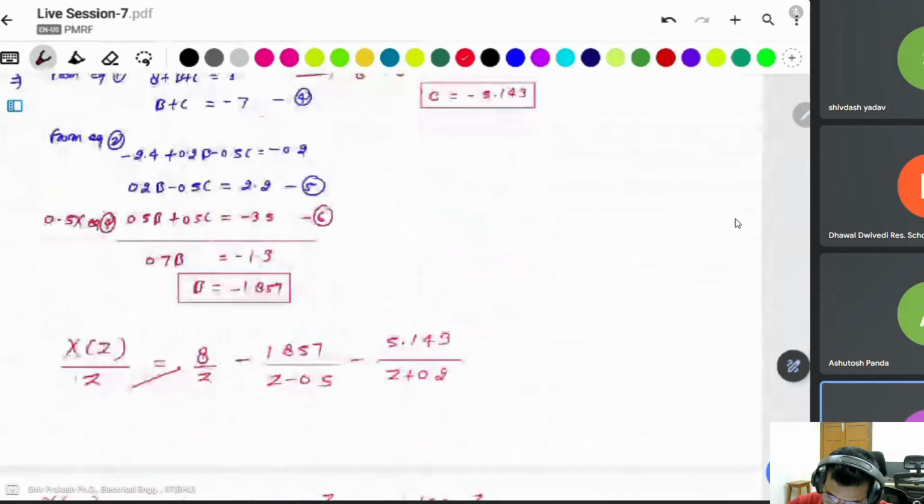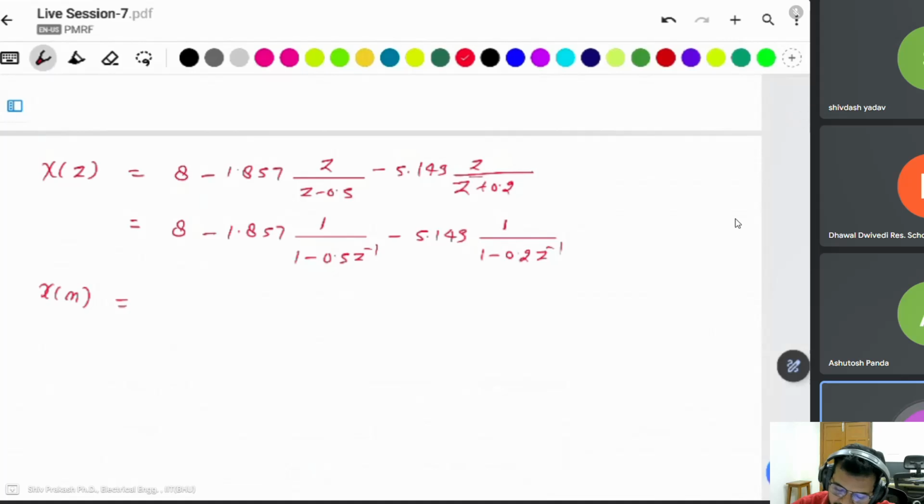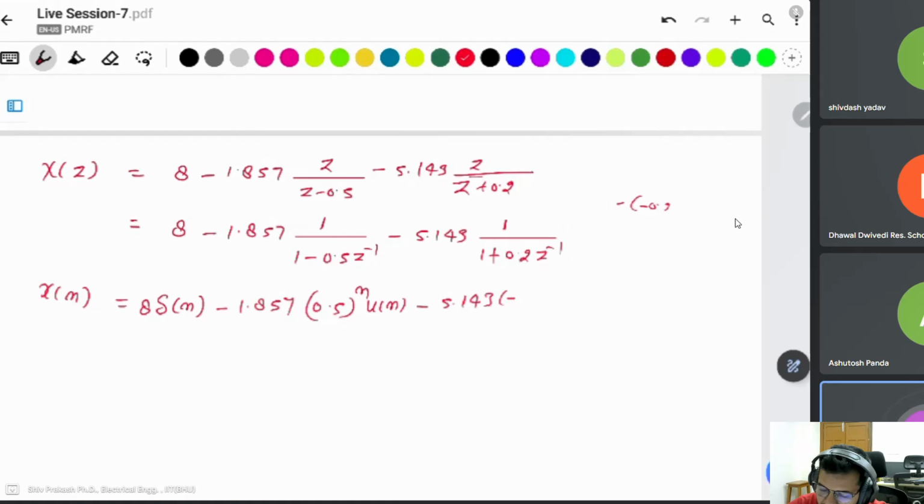The inverse z transform of the constant is 8 delta n, minus 1.857 times 0.5 to the power n u(n), minus 5.143 times minus 0.2 to the power n u(n).